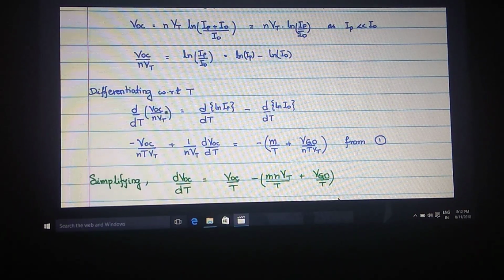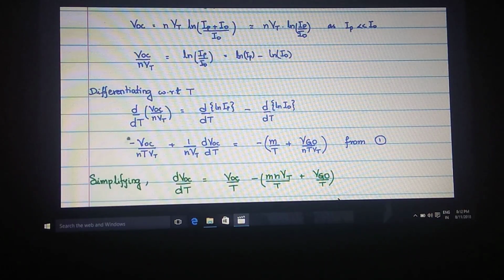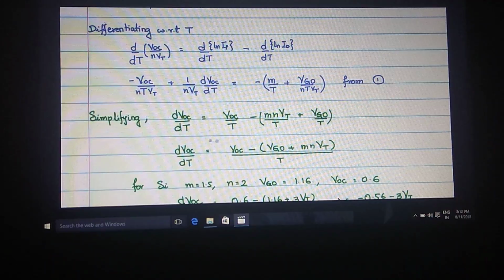As you are having two terms, VOC dependent on temperature and VT dependent on temperature, splitting it up using the product rule, you get this relationship. And then simplifying, you will see that dVOC by dt equals VOC minus Vg naught plus mn Vt by T. And this is what I had mentioned earlier.